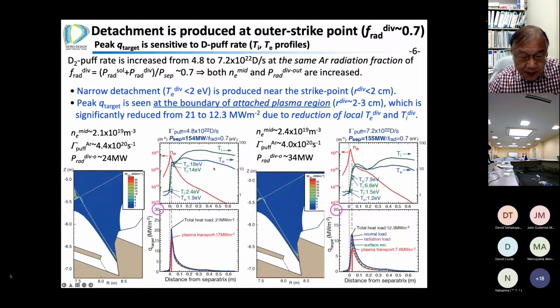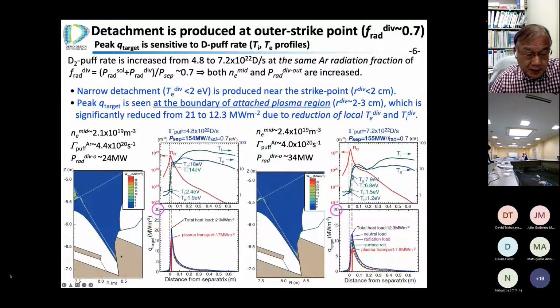In this case the peak heat load is very high because the temperature increases. The plasma transport component is 70 megawatt per square meter, and the total, including radiation and surface recombination, is 21 megawatt per square meter.